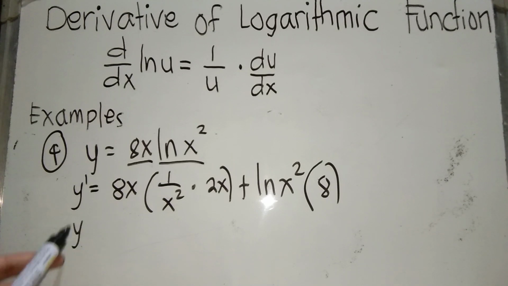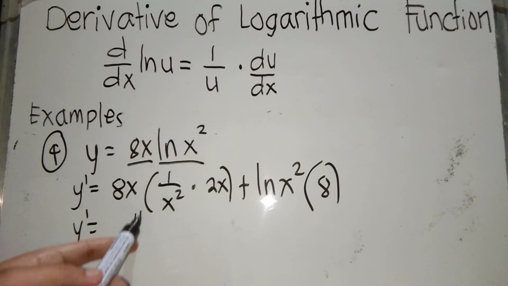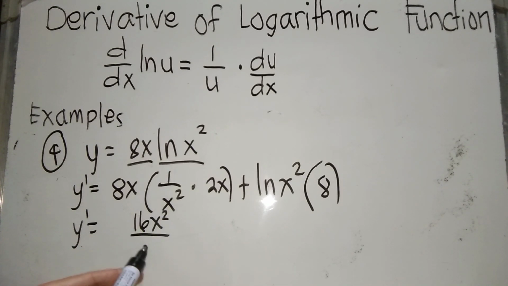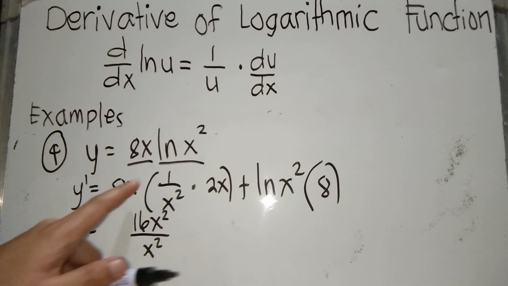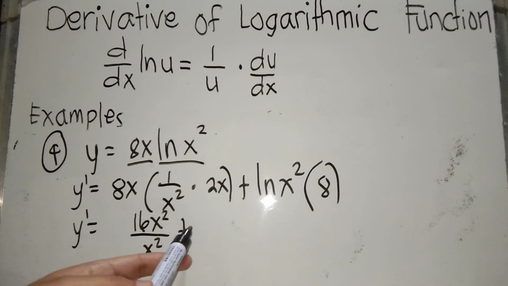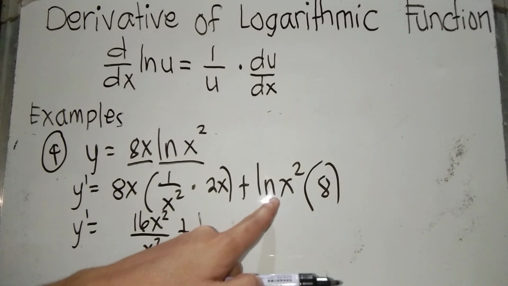Simplify, this is now y prime. 8x times 1 times 2x is 16x squared over x squared, plus 8 times ln x squared.